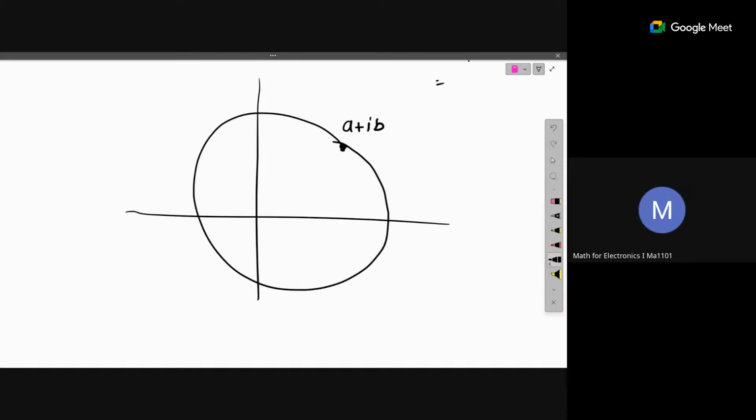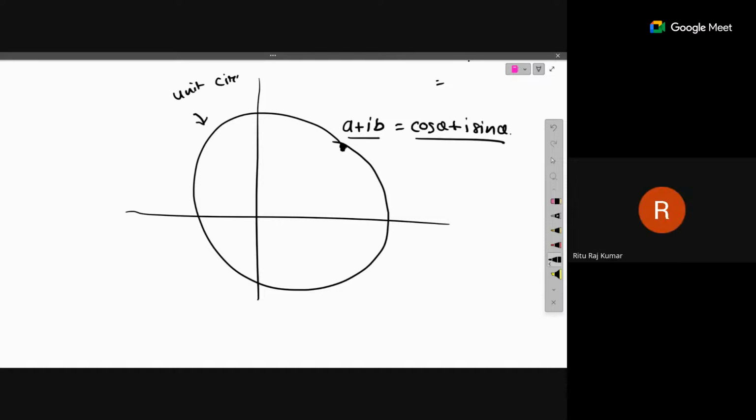Suppose this is the unit circle. Then this point is the same as cos theta plus iota sine theta, because any point on the unit circle can be described as cos theta comma sine theta, and in a complex plane we can write it as cos theta plus iota sine theta. Is that clear?